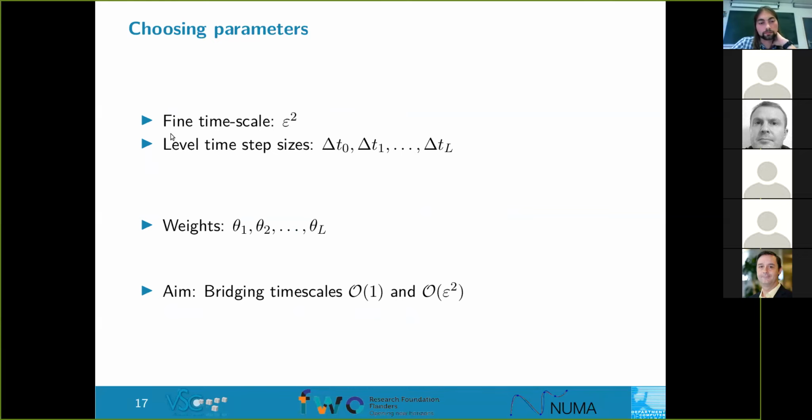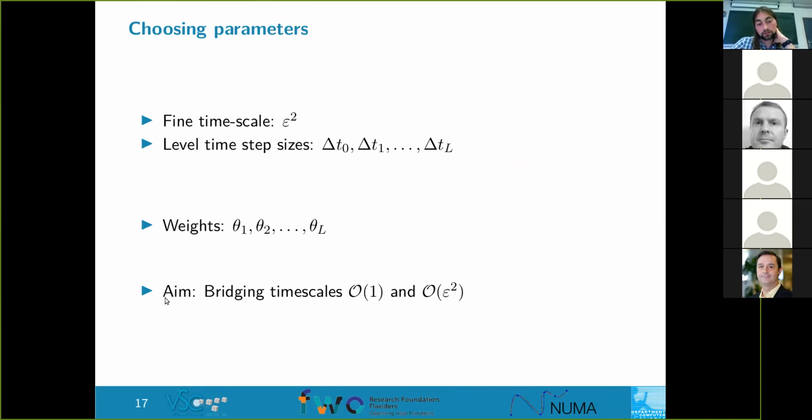On the one hand, we have this fine time scale epsilon squared. That's the average time between collisions. On the other hand, we have to select a sequence of time steps for a multi-level scheme, with levels going from 0 to L. Then we have the sequence of weights, theta, which determine how much of this coarse diffusion comes from fine diffusion and how much comes from fine velocities and jumps and collisions.